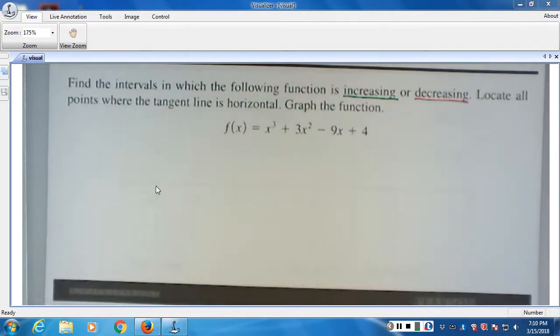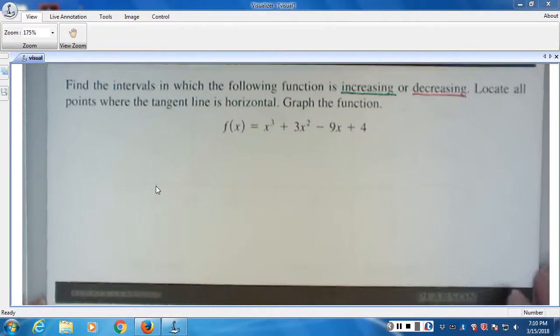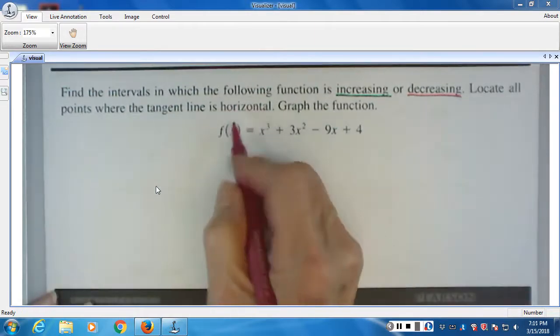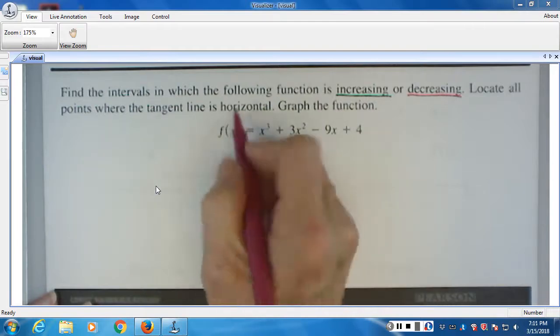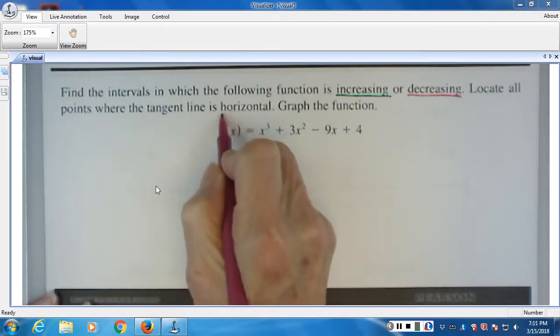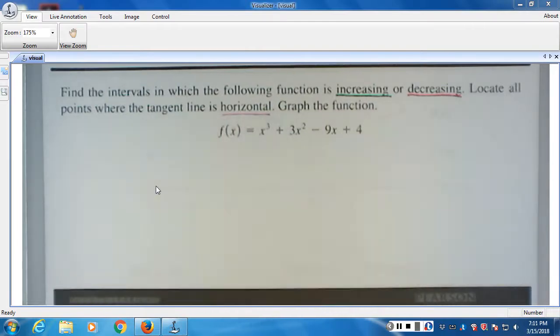We're also going to look to see where the slope of the tangent line, or when the function basically has a horizontal derivative, a horizontal tangent line. That's when the graph is going to be basically constant, and maybe just for an instant. Then we're going to use all of that to graph the function.